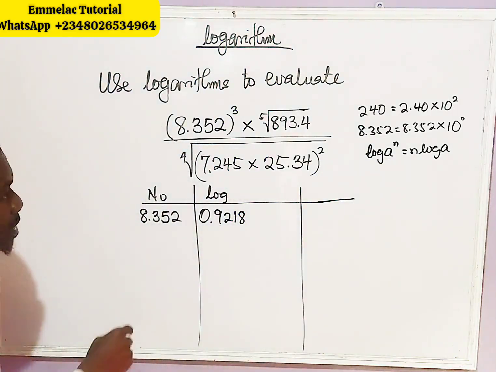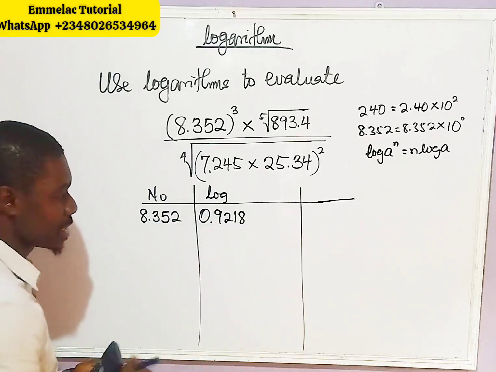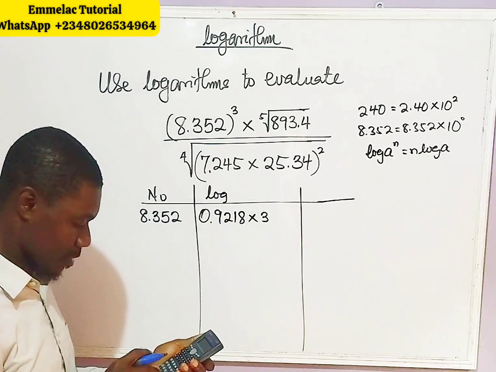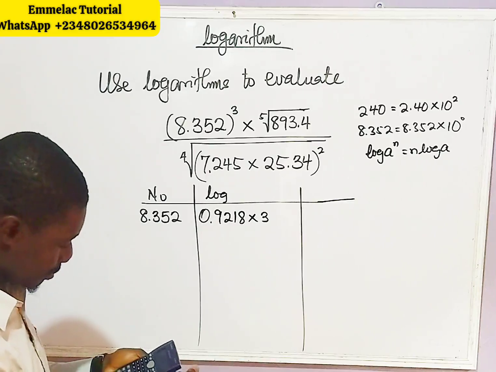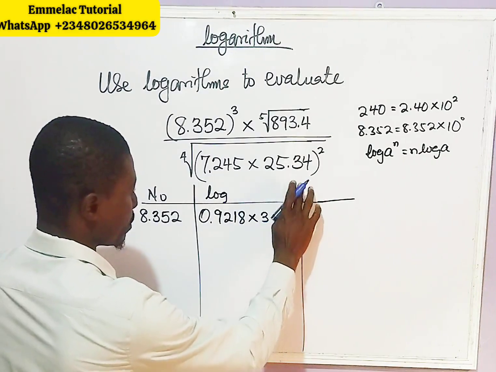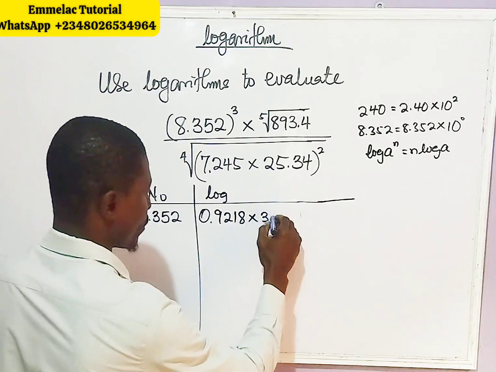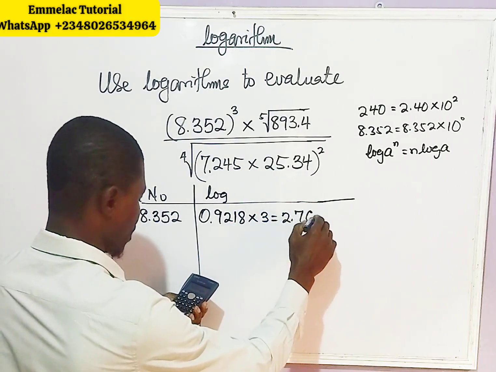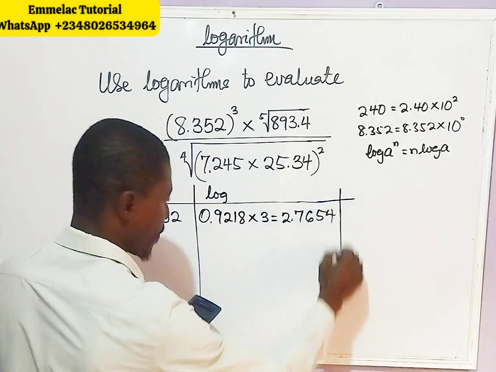So in this case, since we have 3, we'll be multiplying it by 3. Let me write it here. So this will give us 2.7654.